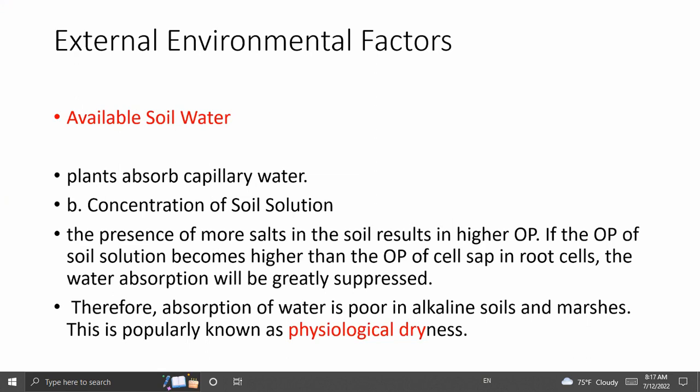Low, very good. The water absorption is very low because it has low water potential. So even though water is available in alkaline soil and marshy lands, the plants cannot absorb it. It needs a special mechanism. If water is there but cannot be absorbed, it is called physiological dryness. Physiologically, the plant dries because of the concentration of the soil solution outside.